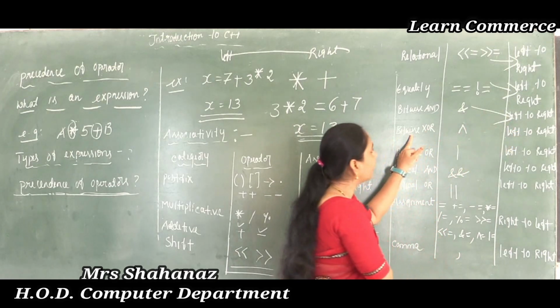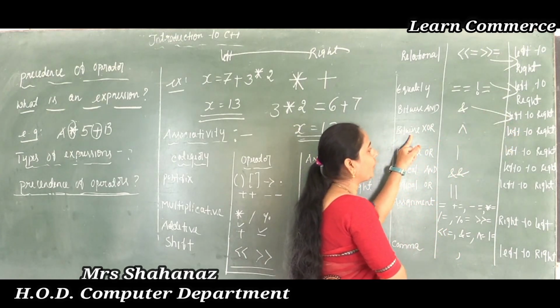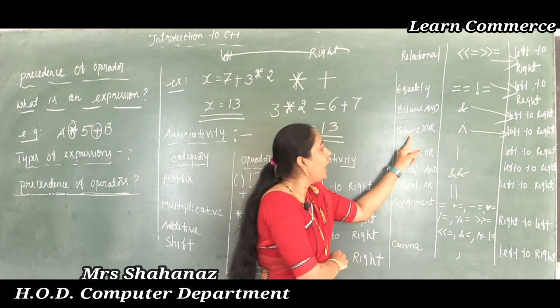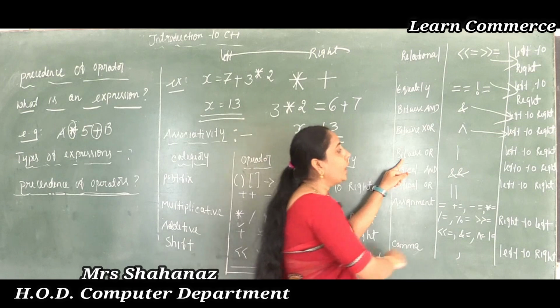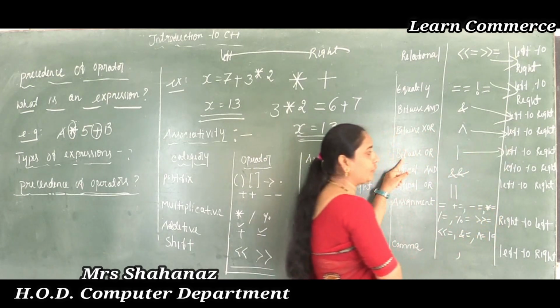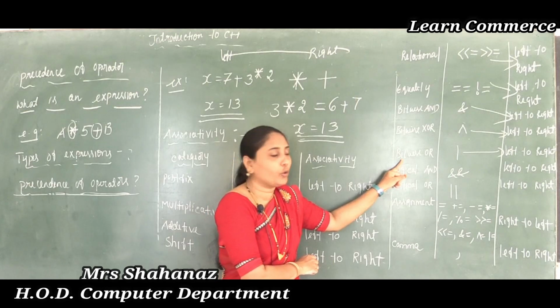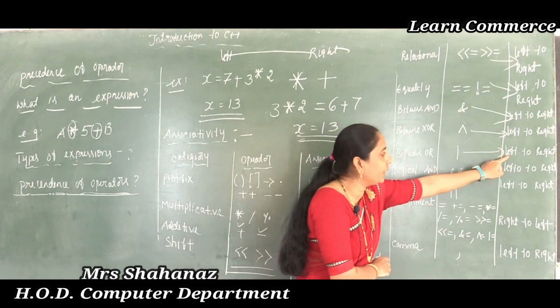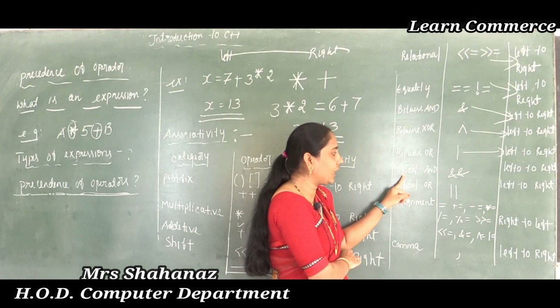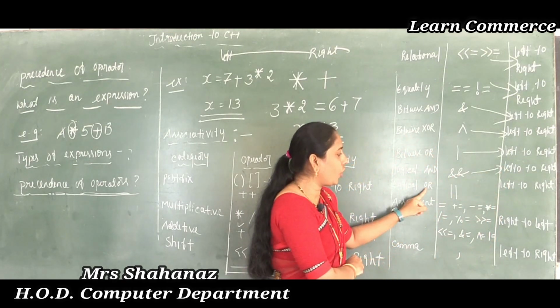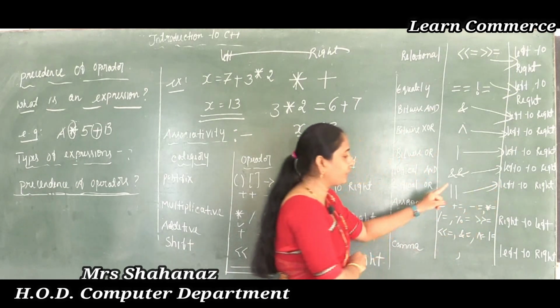And later, next one, the bitwise exclusive or operator also going to calculate from left to right. Okay? And later, next one, bitwise or. There is no confusion, mostly every operator is going to calculate from left to right. So the bitwise or operator left to right, and logical and also going to calculate from left to right, logical or also left to right here.